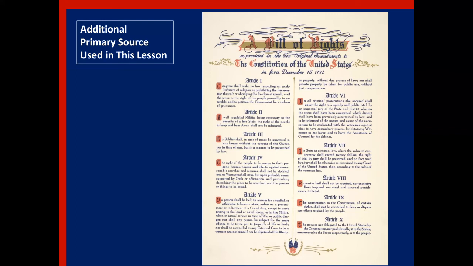And then when students look at the text here a little more, they might find that the 4th Amendment, protection against unlawful searches and seizures, the 5th Amendment, protection of due process of law, the 6th Amendment, protection of rights to trial, and the 8th Amendment, protection against cruel and unusual punishment. All of those might actually relate to freedom from want or freedom from fear, this fear of unfair treatment, which of course was rampant in Nazi-occupied areas in Europe.